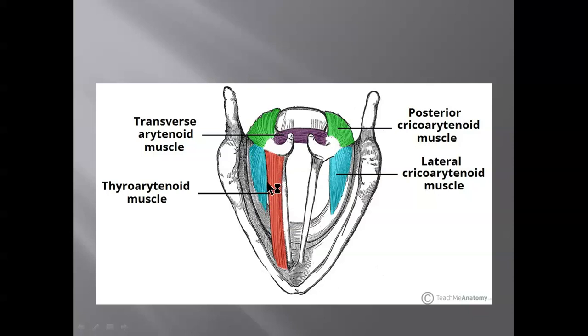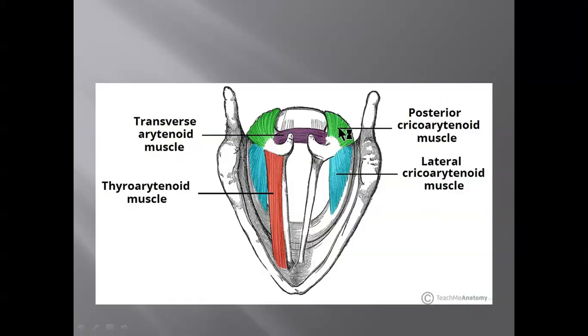Then we have the thyroarytenoid muscles over here. The thyroarytenoid muscle gives a softer voice. So the lateral cricoarytenoid along with the transverse arytenoid muscles give volume to your voice, while the thyroarytenoid muscles soften your voice.